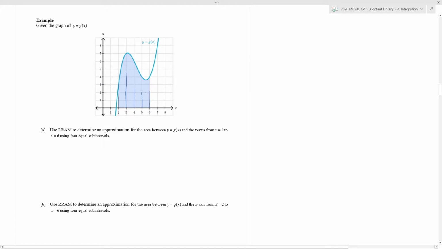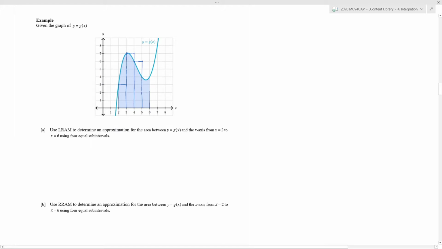But now it's the top left corner of each of these rectangles that is going to form the height. So I'm going to have a rectangle like that. Then this would go up to here and form the height of the next rectangle. Then I move to the third rectangle and I would get something like this.